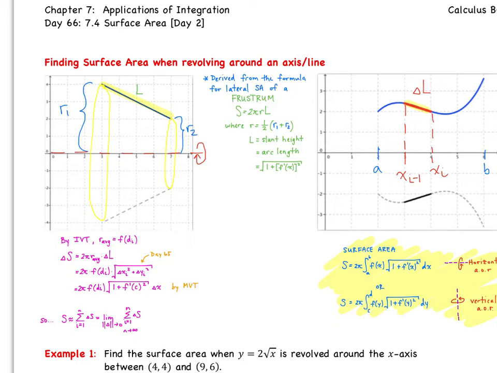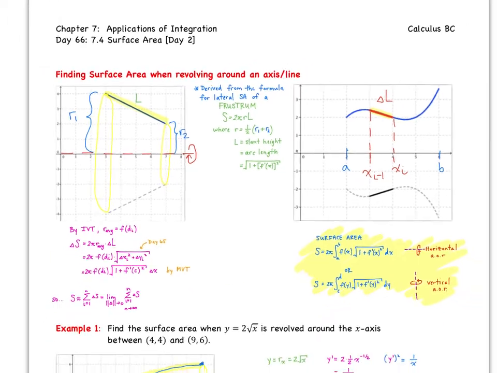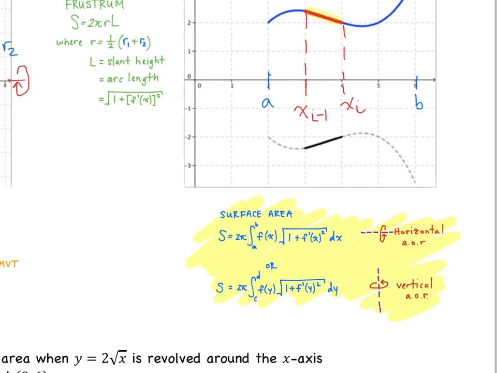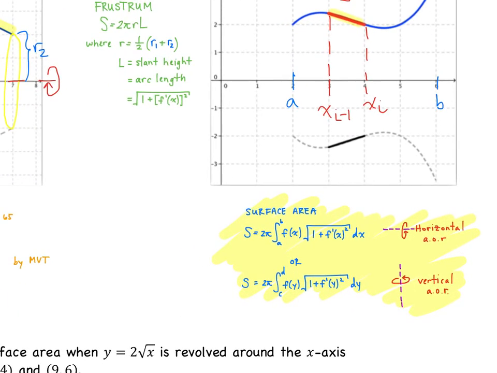That leads us all the way to our actual surface area formula over here on the right-hand side. Surface area is equal to 2 pi times the integral from a to b of f of x times the arc length, the square root of 1 plus f prime of x squared.